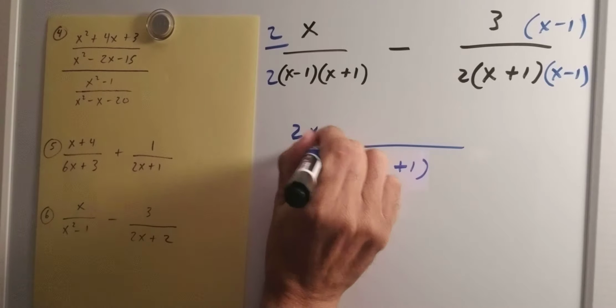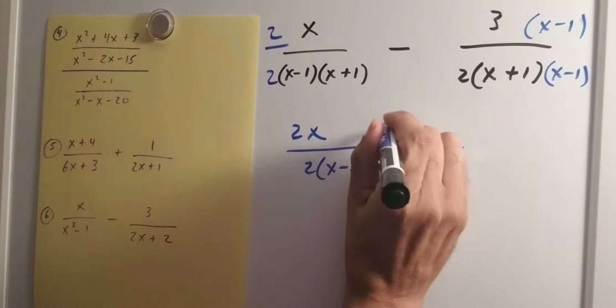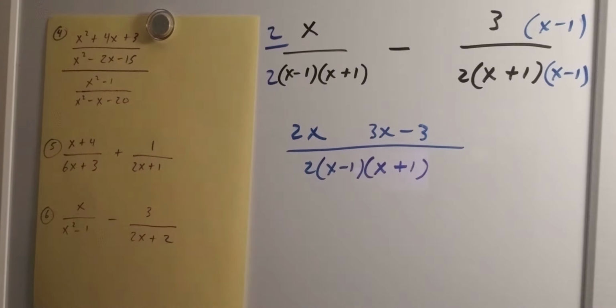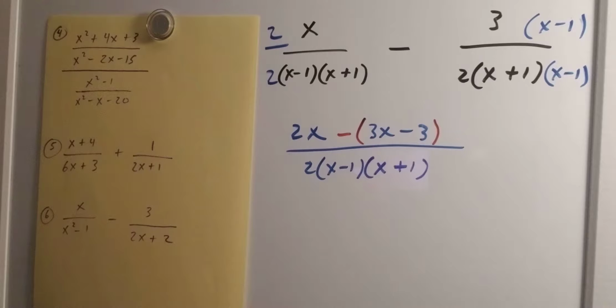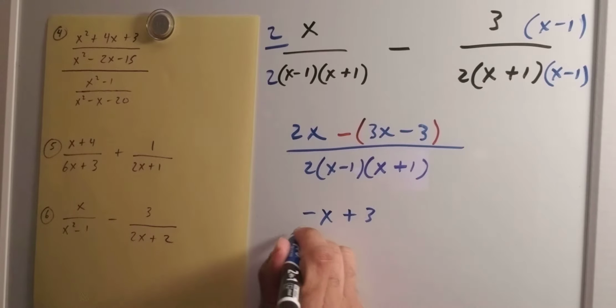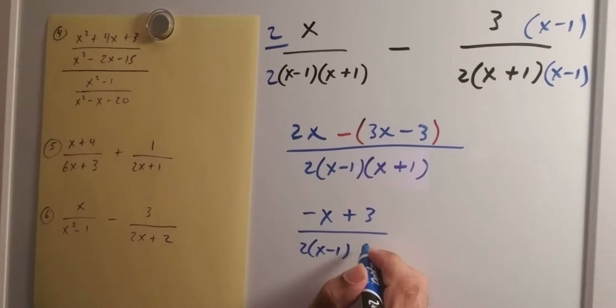We have 2x here, 2 times x. We have 3x minus 3, all of which needs to be subtracted. So our simplified version will be negative x plus 3 over 2 times x minus 1 times x plus 1.